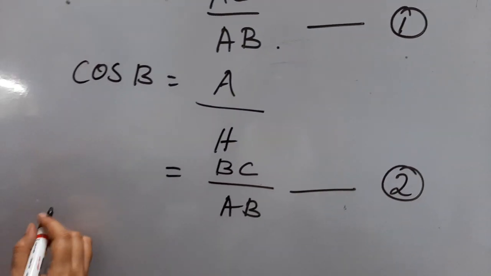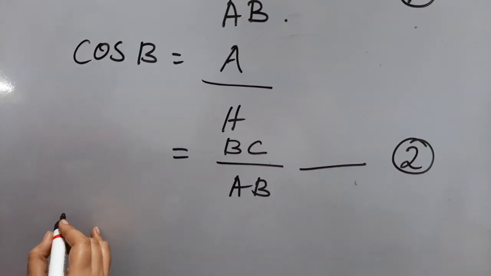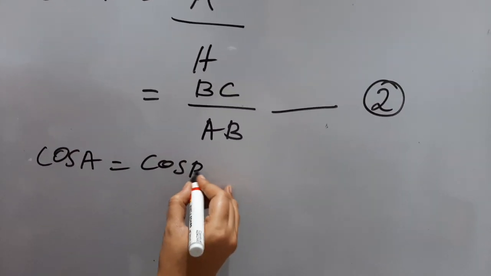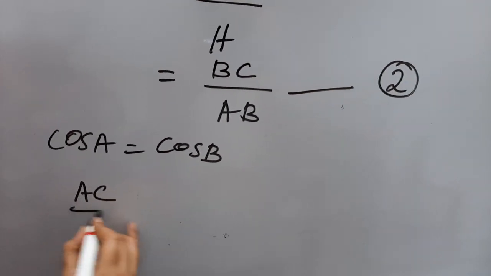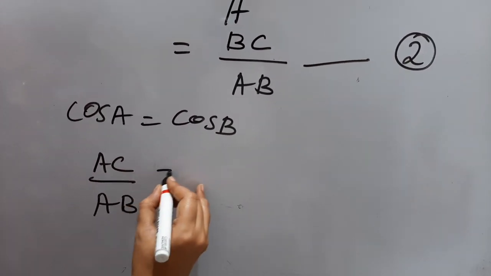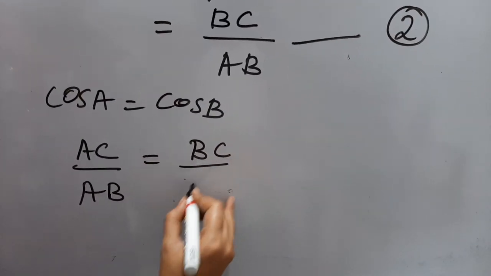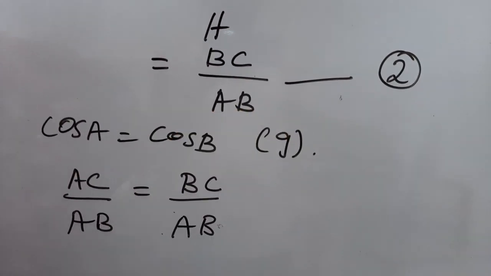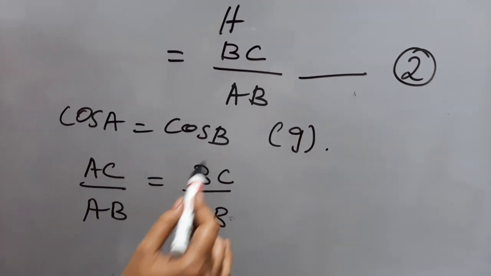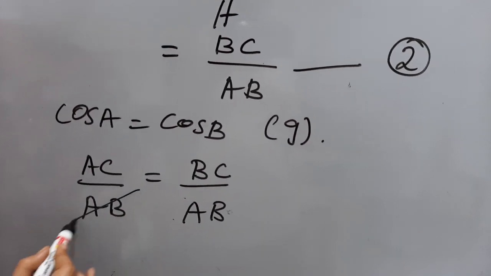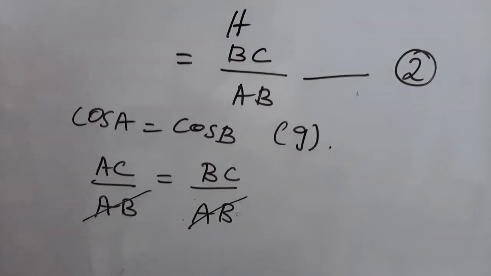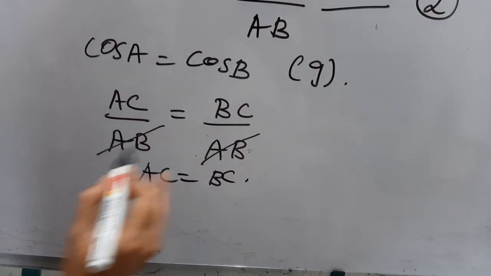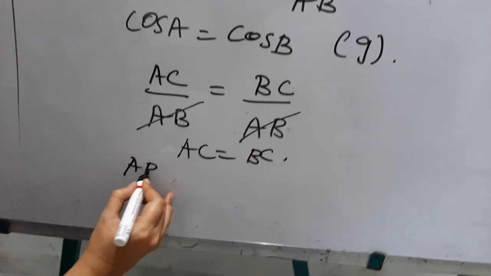As it is given in the question, we are going to equate cos A and cos B. Cos A is AC by AB and cos B is BC by AB. How are we equating this? This is given in the question itself. Now in the fractions on both the sides, denominator is equal, so I am cancelling AB. I am getting AC is equal to BC. What is ABC?